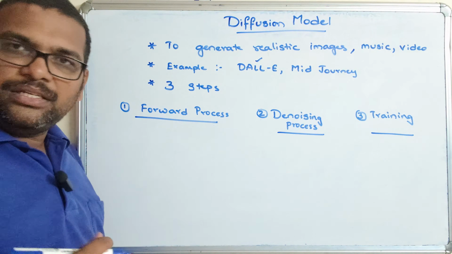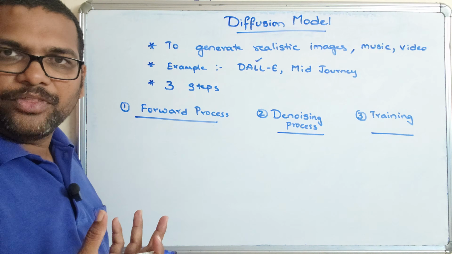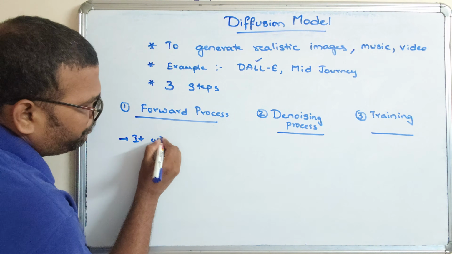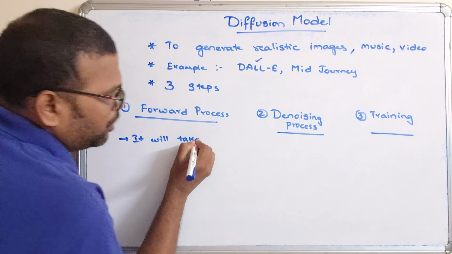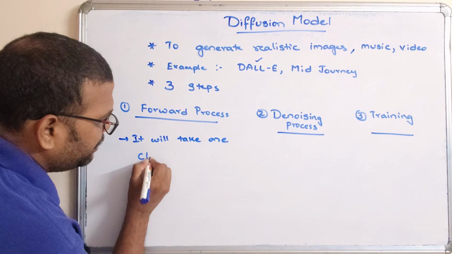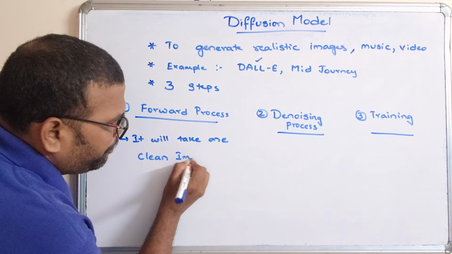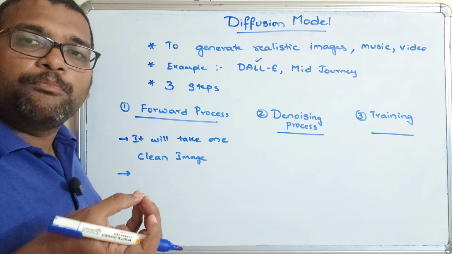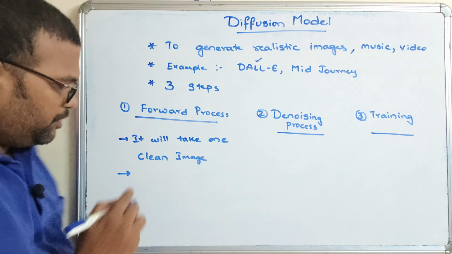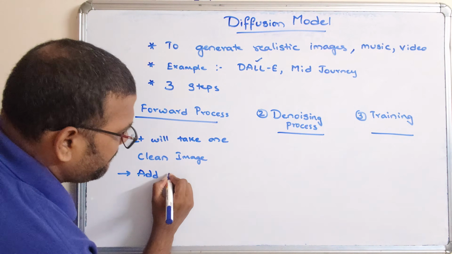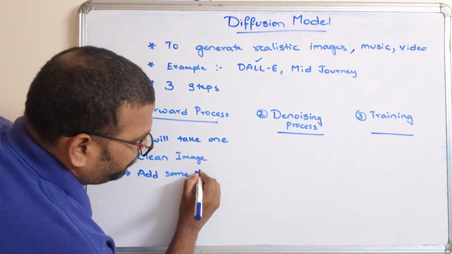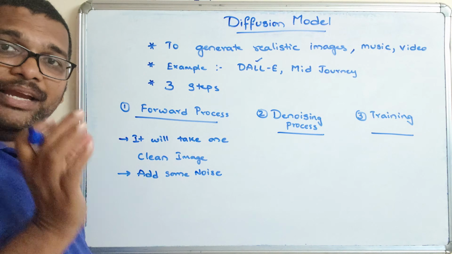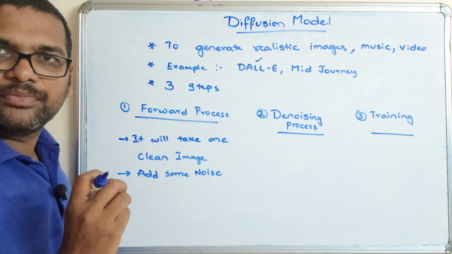Coming to the forward process, it will take one clean image. Clean image means a clear image. After that, it will add some noise to the clean image, and then compare with the original image.